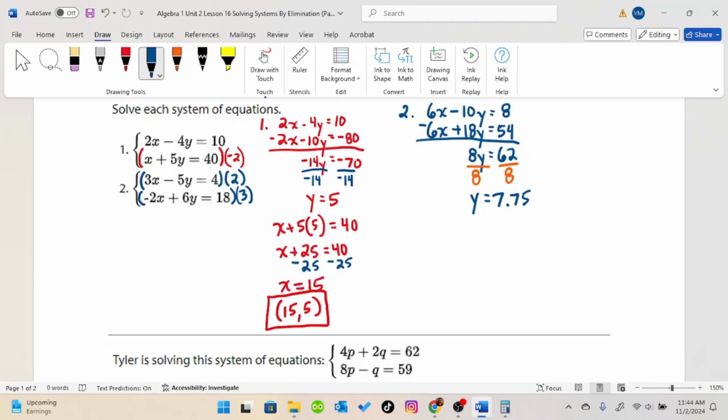Now we can take this value of y and substitute it into either of the original two equations. I want to work with a positive x, so I'm going to substitute it into the top equation. This will give us 3x minus 5 times y, which is 7.75, and that should equal 4.